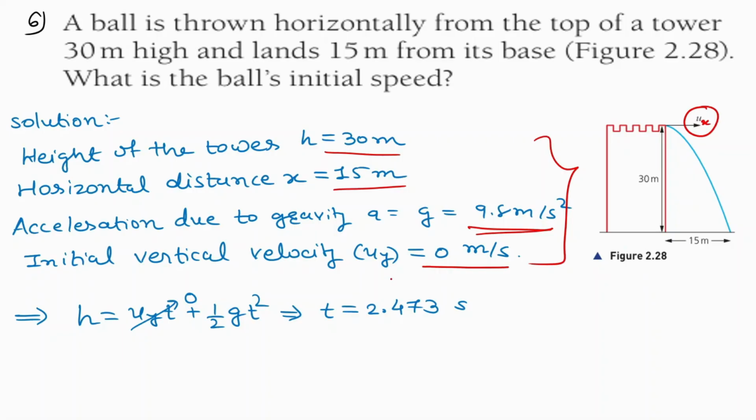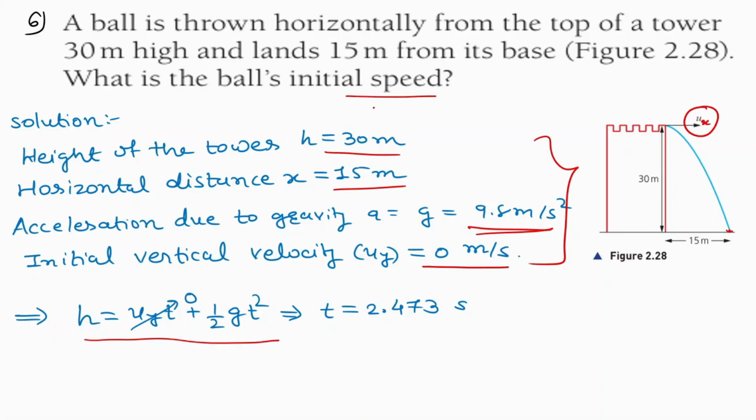We have to find the initial speed, but first we need to find the time taken by the ball to fall from this height and cover that 15-meter distance. So we use this equation, which is all about the y component.